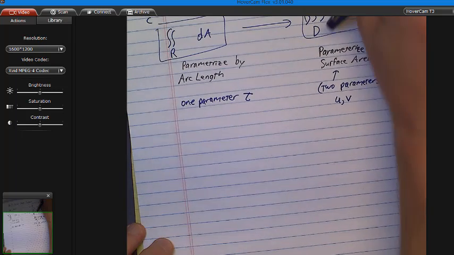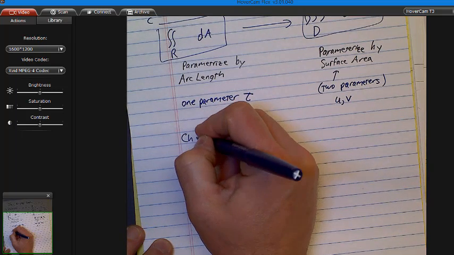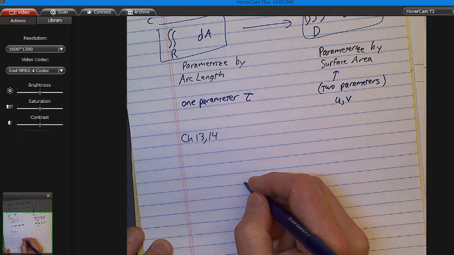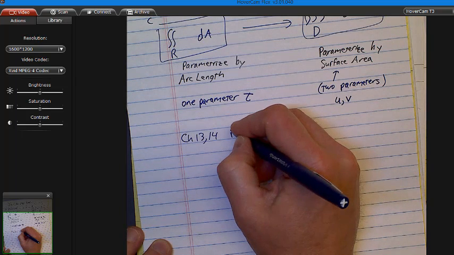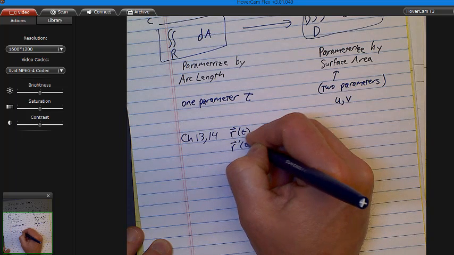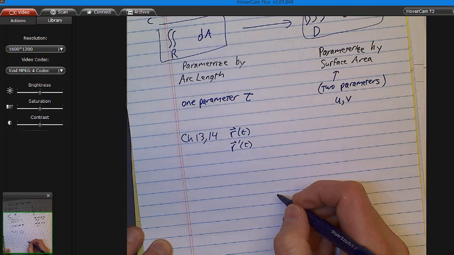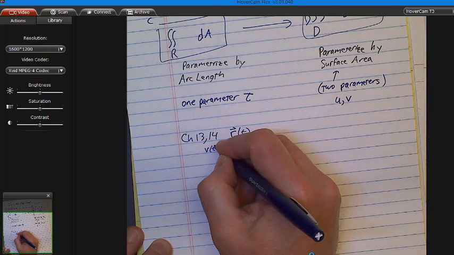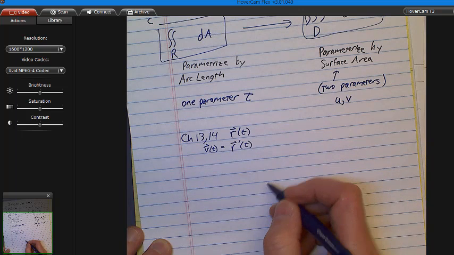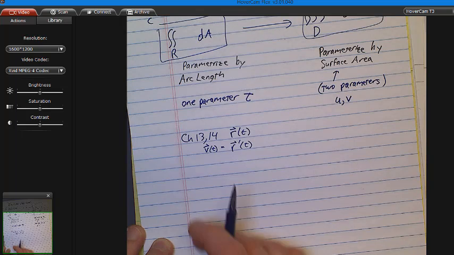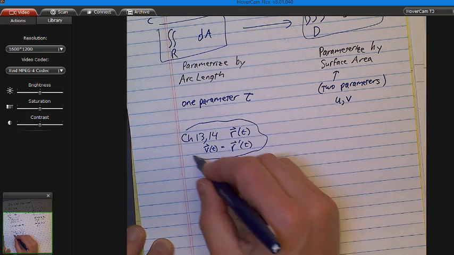So we started in chapters 13 and 14, right? And what we did was we talked about R of t, R prime of t. What's another name for R prime of t? V of t. Right? And then if you divide r prime of t by its length, you get that capital T. We did all this kind of stuff in chapter 13 and 14.